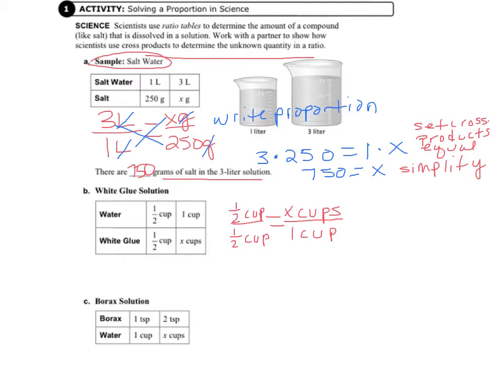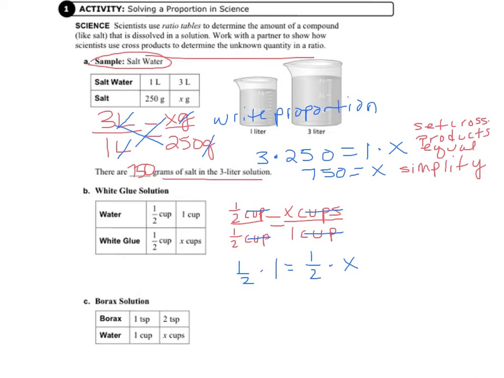So when you do that, your fractions look a little funny because you have fractions over fractions, but that's okay. It'll all work out in the end. And you cancel out your units. So you have 1/2 over 1/2 equals x over 1. And then you set your cross products equal. And then you begin the simplifying process.